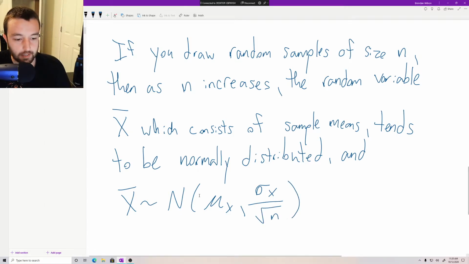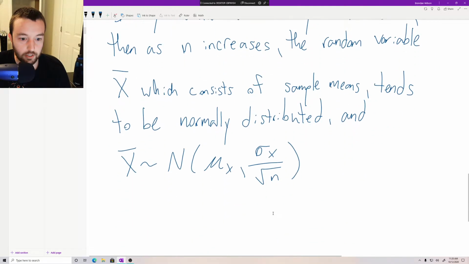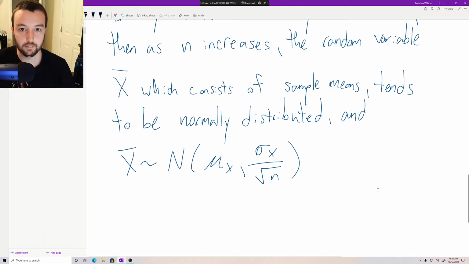So it has the same mean as x, but the standard deviation is a little different. You take the original standard deviation and you divide it by the square root of n.